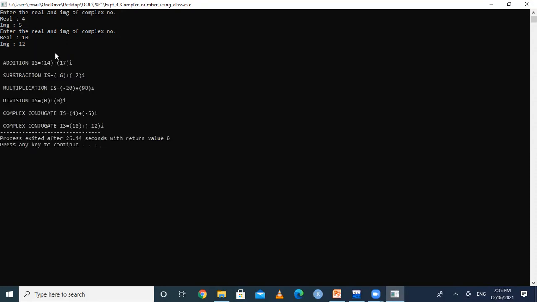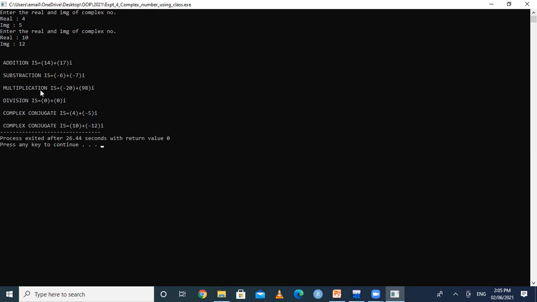And here we get addition, subtraction, multiplication, as well as division. Addition is 4 plus 10, which is equal to 14, then 5 plus 12, which is equal to 17. The real part addition and the separate imaginary part addition are done here. Similarly, for subtraction, it is 4 minus 10, so it is minus 6, and 5 minus 12, again it is minus 7.